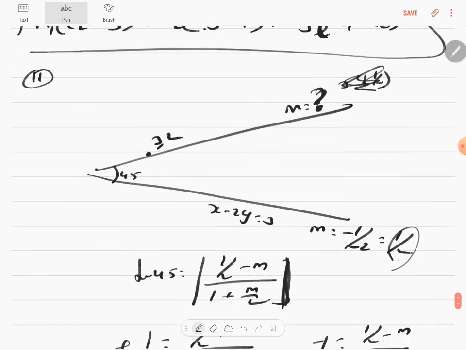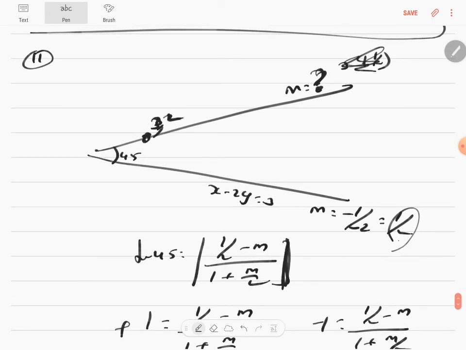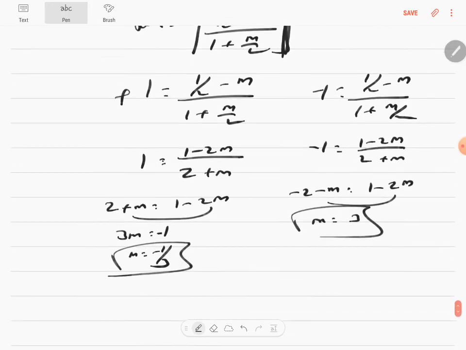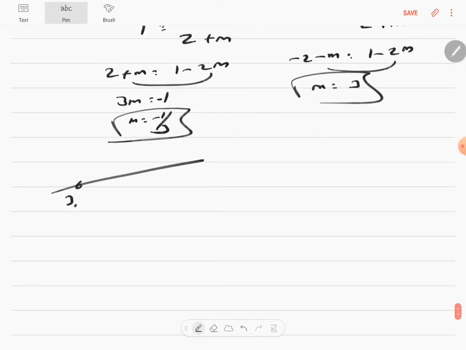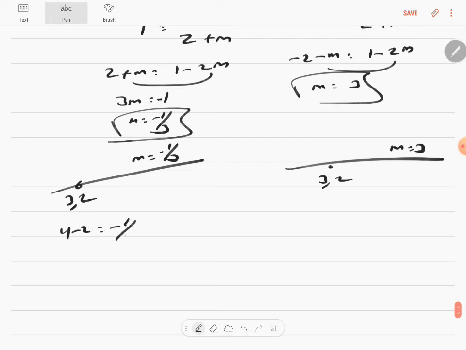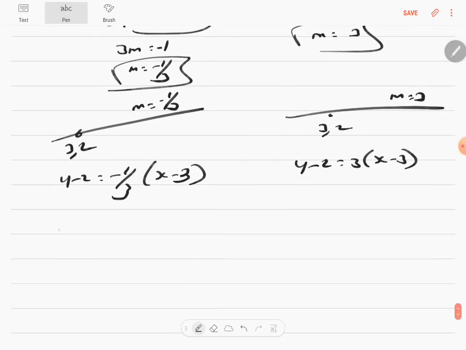And you have a point on the line, (3, 2). So you have one point and one slope: (3, 2) with minus 1 by 3 as the slope, and (3, 2) with m as 3. Using y minus y1 is equal to m into x minus x1, 3y minus 6 is equal to minus x plus 3.